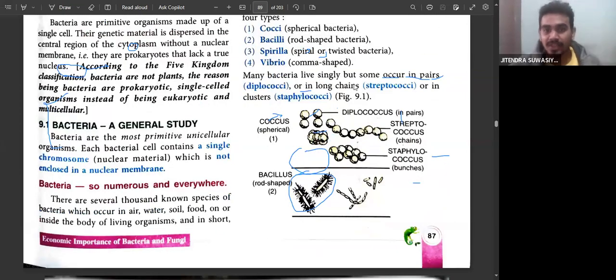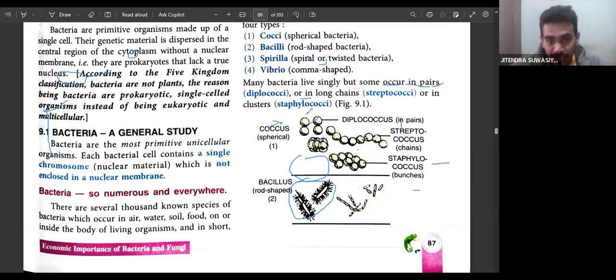Many bacteria live singly, but some occur in pairs, like diplococci, or in long chains, streptococci, or in clusters, that is staphylococci. Bacteria living in two forms, like you can see here, one coccus, if they are living together, we say that is diplococci.